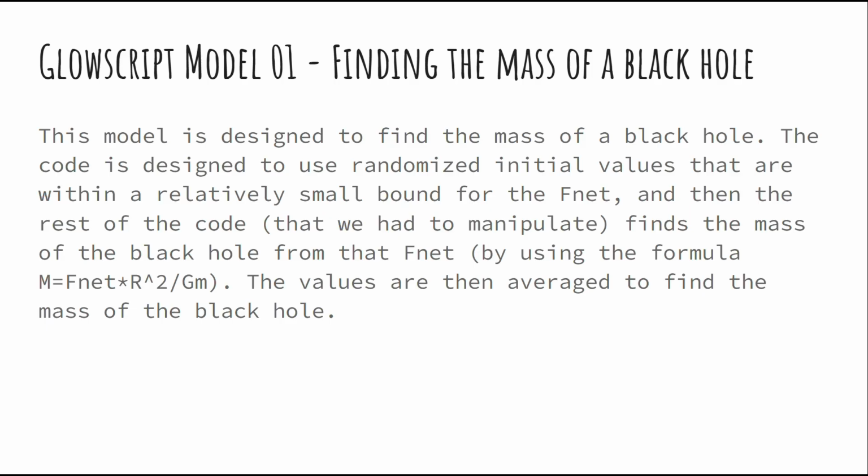And then you would have to use the FNet value at each point and solve for the mass through the code and have the code display the masses at each instantaneous point and what they could be. From those points, I received about 547, and those values would then have to be averaged to find the mass of the black hole. And that's what the question is asking.